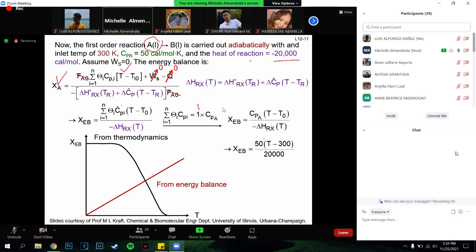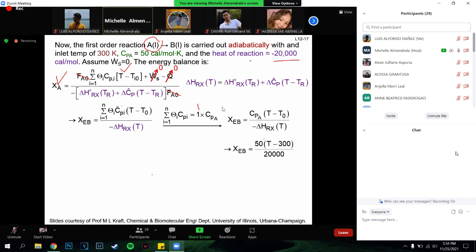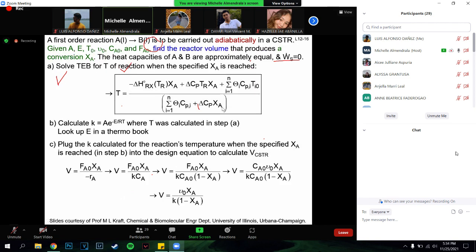And from the material balance, which we have in the previous slide, wherein the volume and X and RA are non-linear, so it's not a linear relationship between your V and X.